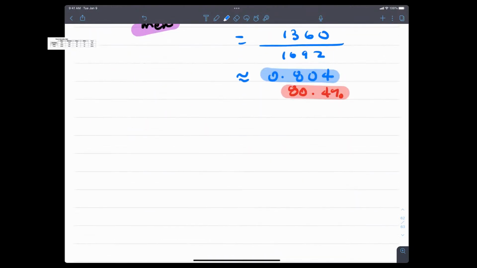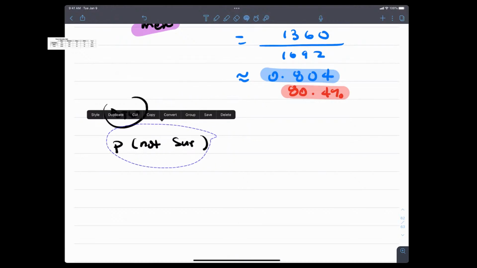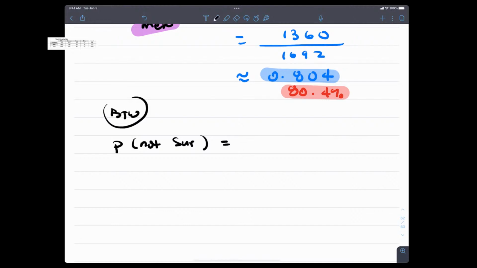Now if I just said to you, by the way, what does this mean? The probability of not surviving. This is a regular probability. There's no condition. And what could I use to answer that question? What was this called last week?